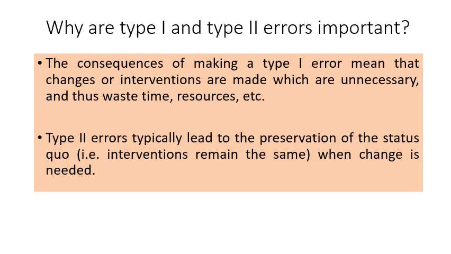Why are they important? The type 1 and type 2 errors are important because of the consequences of making them. A type 1 error means that changes or interventions are made which are unnecessary, and thus it is a waste of time and resources.